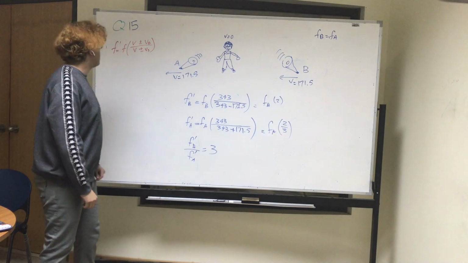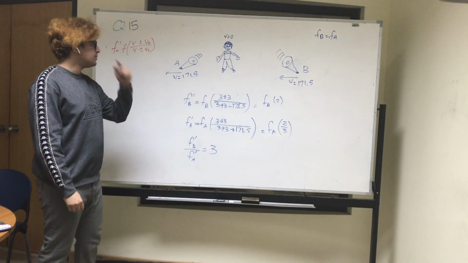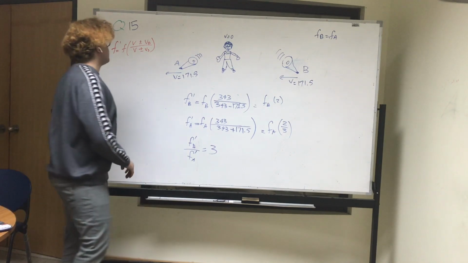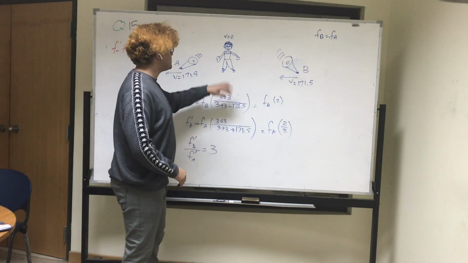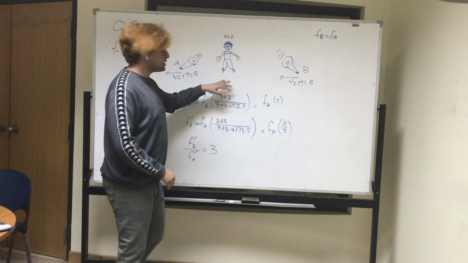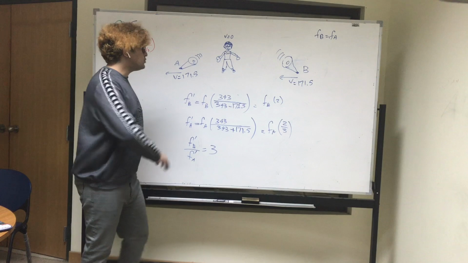Alright guys, so question number 15 is about Doppler's equation. In this question, there is an observer which has zero velocity, so it's a stationary observer, and we have two sound sources.